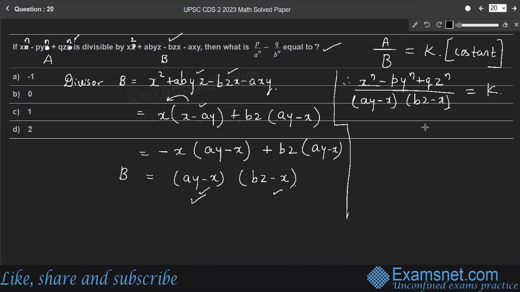So here we'll consider the possible values of x. So if x is equal to ay, then ay minus x becomes 0, right?